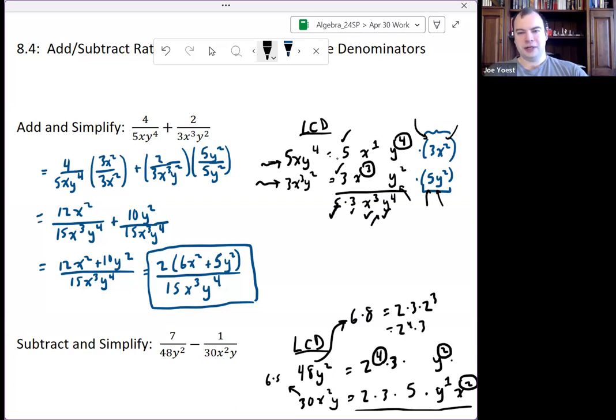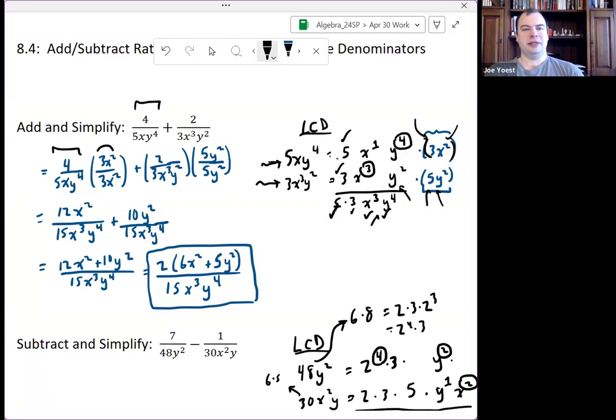So coming back over here, my fraction 4 over 5x y to the fourth needs to be multiplied by 3x squared in the denominator to end up with like denominators, or common denominators. But again, if we just multiply by 3x squared in the bottom, that changes the value of the fraction.